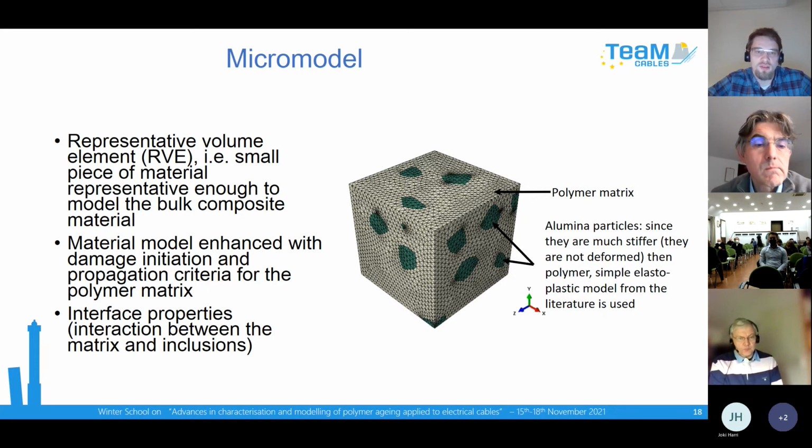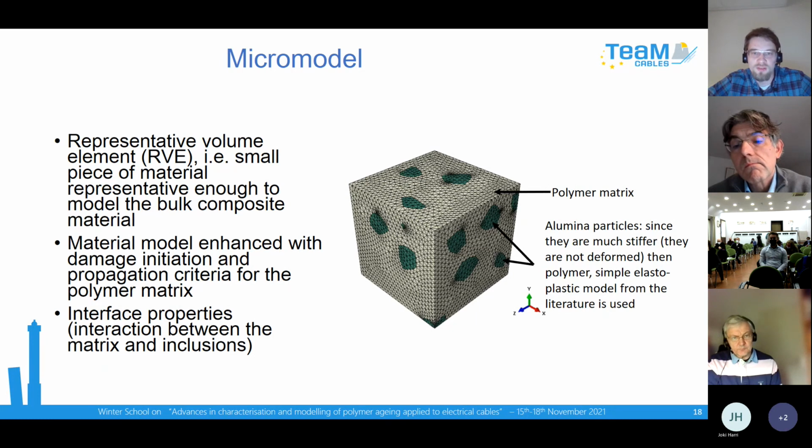But of course, the main goal of all these simulations is to see how different amounts of particles affect the behavior of the material, how the shape of the particles can affect, how the material of the particles can affect, and how the interface can affect the behavior of the material.